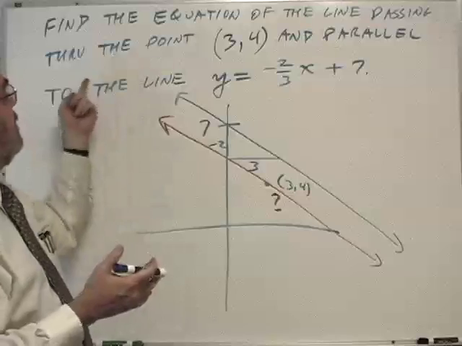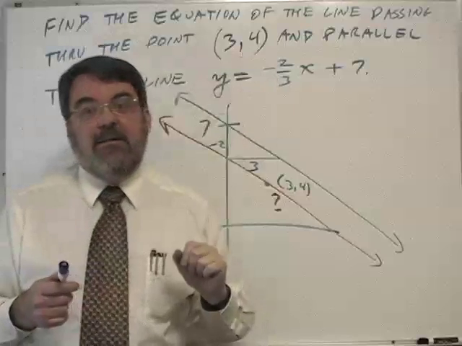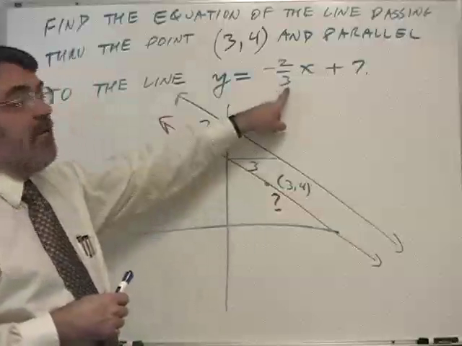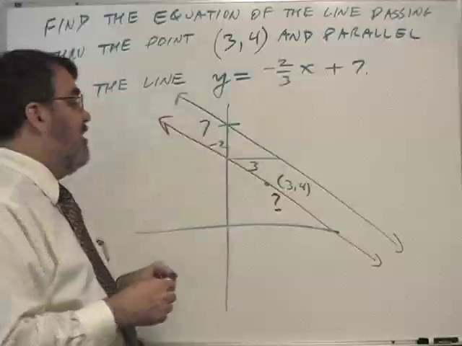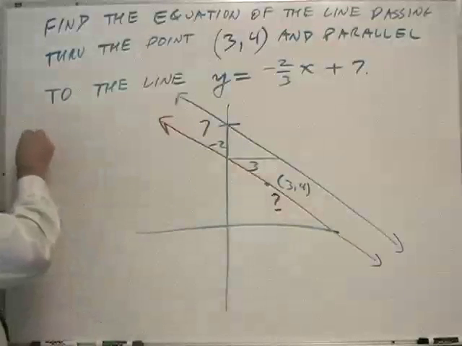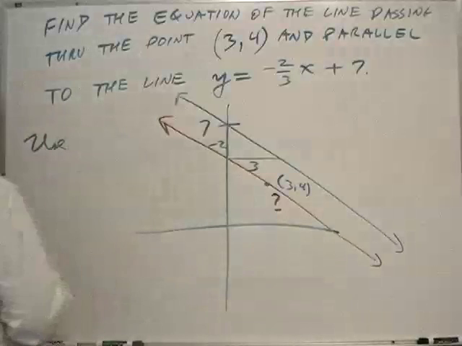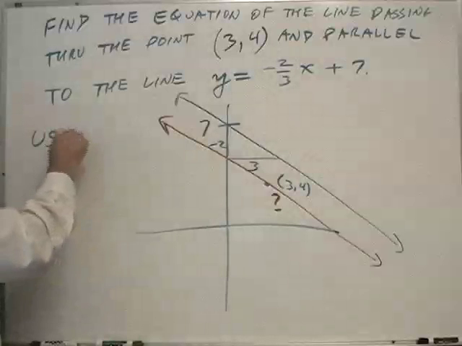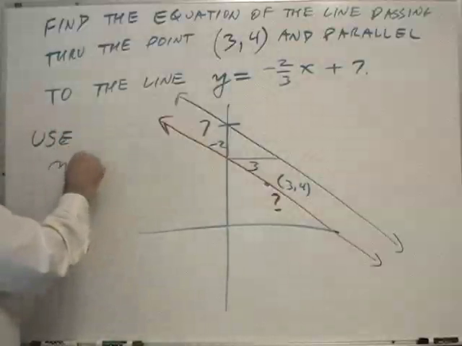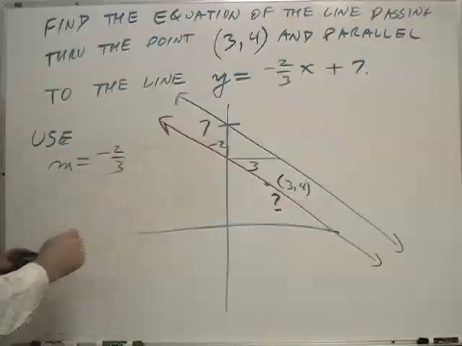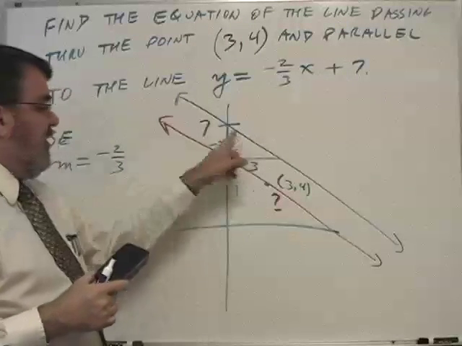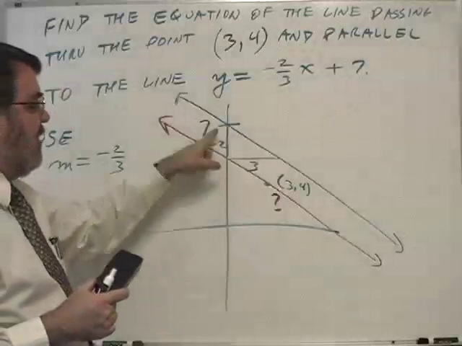Well, because it's parallel, it has the same slope. And what is that slope? The slope of this line is negative 2/3. So we want to use a slope of negative 2/3. And if I sketch this correctly, my y-intercept should be less than 7.